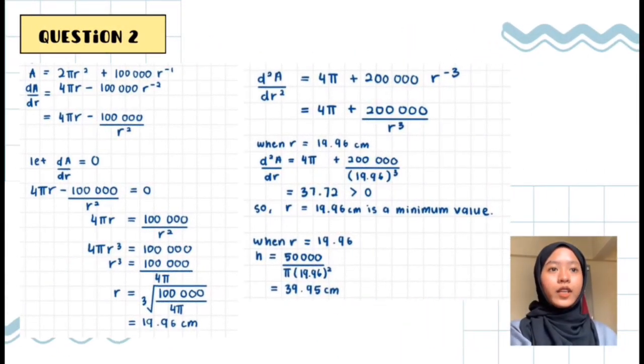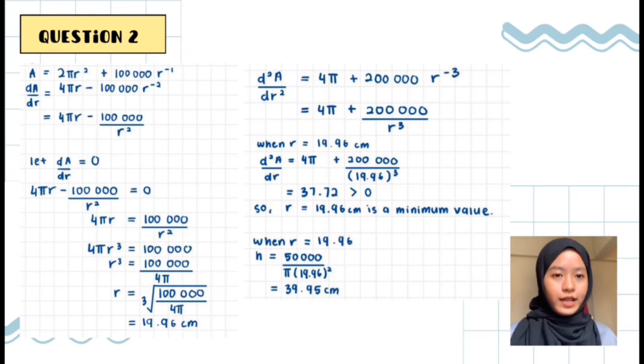Question B. Find the values of r and h that minimize the total surface area of the water tank. We know that the area of the cylinder from question A is 2πr² + 100,000/r. So we bring the r up, so it becomes 2πr² + 100,000r^-1. Step 1, we find the derivative.